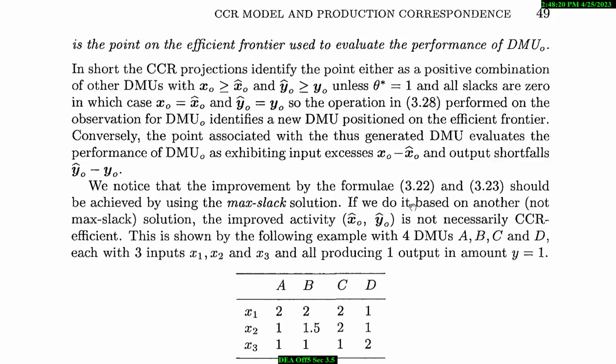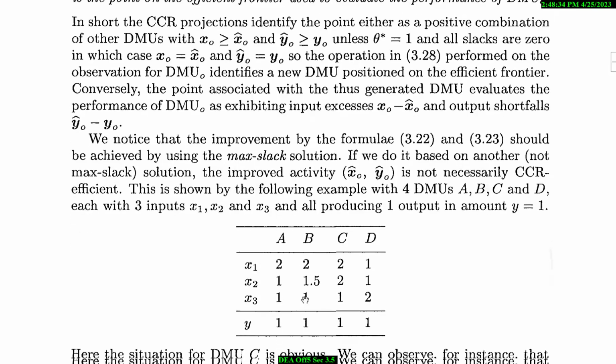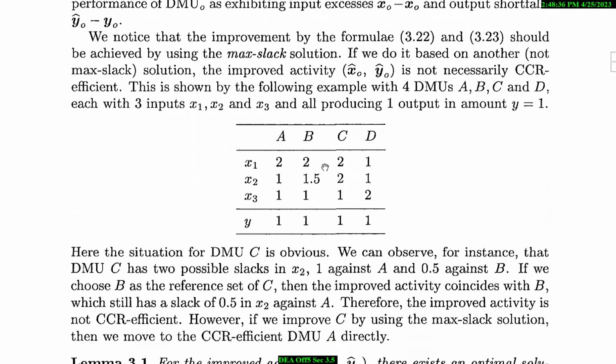If we do this based on another solution that is not the max slack solution, the improved activity is not necessarily CCR efficient. We can see this, for example, with this example where we have 4 DMUs, each with 3 inputs and 1 output. All outputs are assumed to be equal to 1.